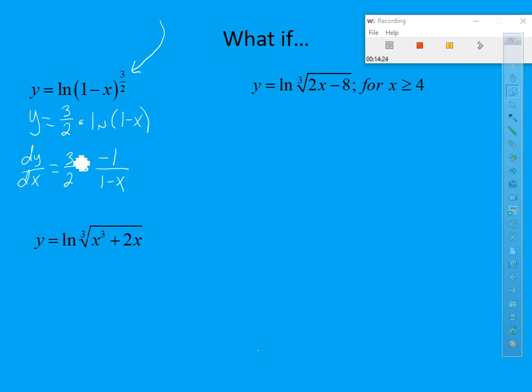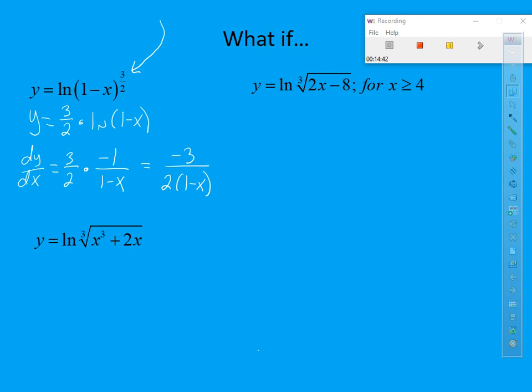So guys, the 3/2 was my exponent. The -1 over 1 minus x was the derivative of the natural log function. Ending answer, -3 over 2 times 1 minus x. If you'd like to distribute that 2, you sure can. One's not better than the other. But the moral of that story, if you have an exponent, get rid of it first.